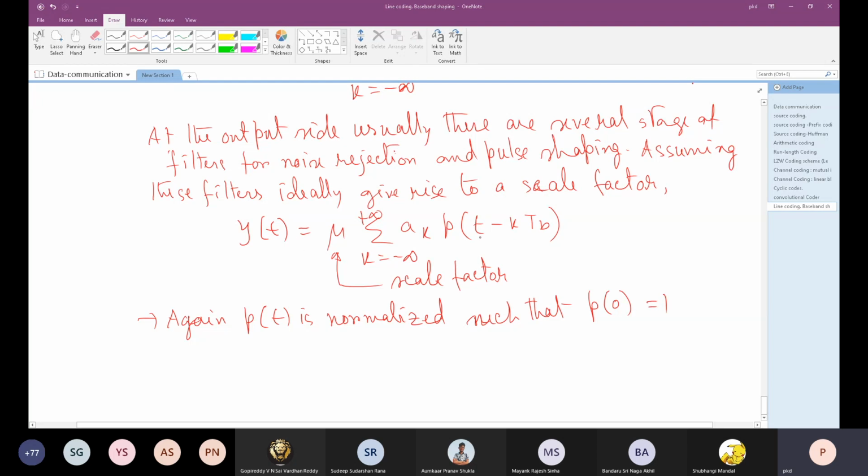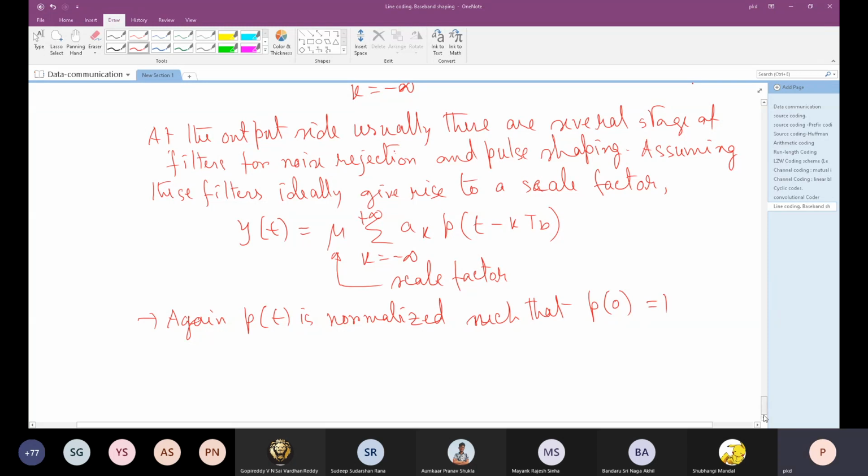So that means for, say, t equal to t0, corresponding to k equal to 0, p(t), there will be an effect of all other pulses that have been sent for other time durations.